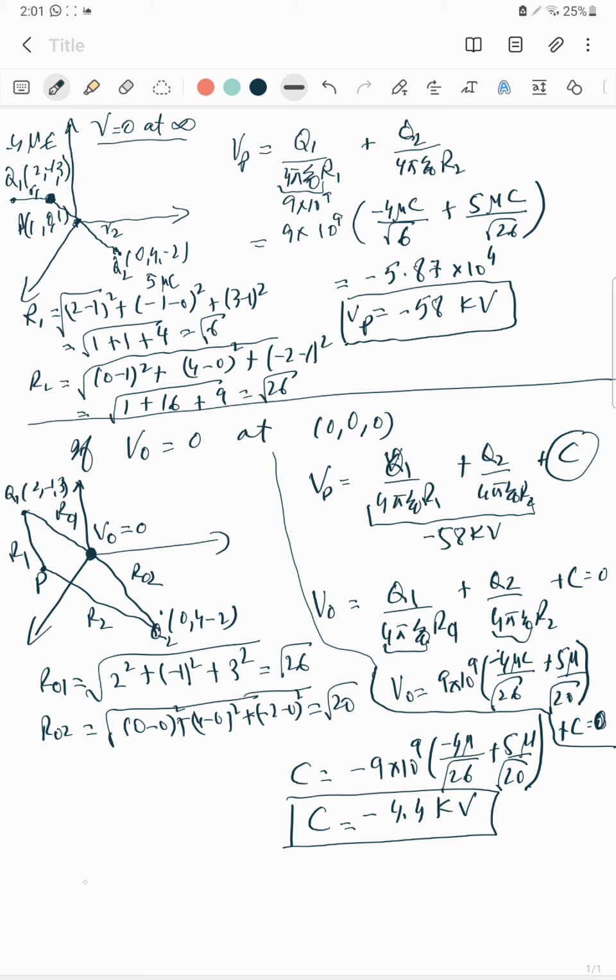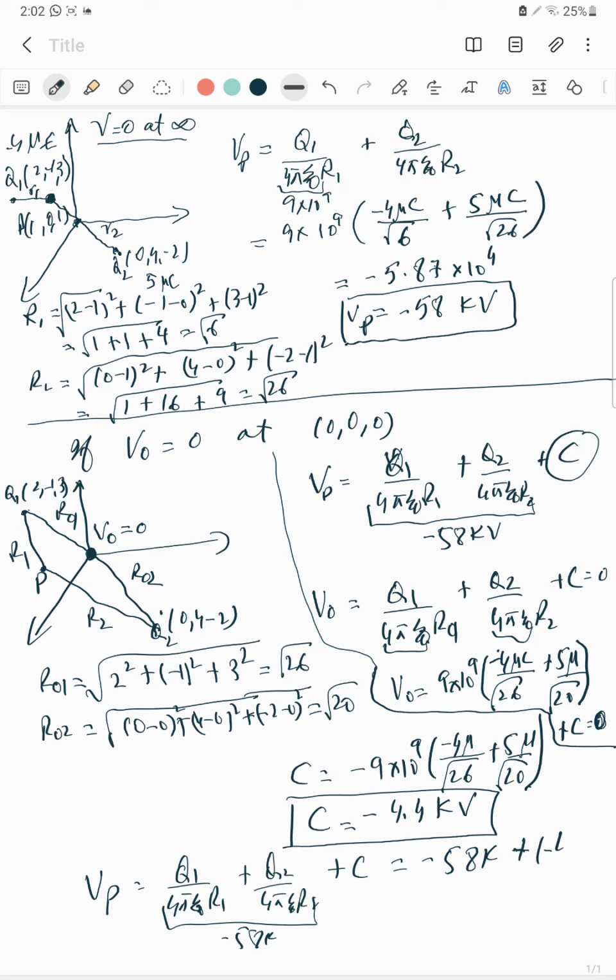So now I can calculate my Vp, that will be Q1 divided by 4 pi epsilon 0 R1 plus Q2 divided by 4 pi epsilon 0 R2 plus C. And this I know is equal to minus 58 kilovolts, plus minus 4.4 kilovolts.